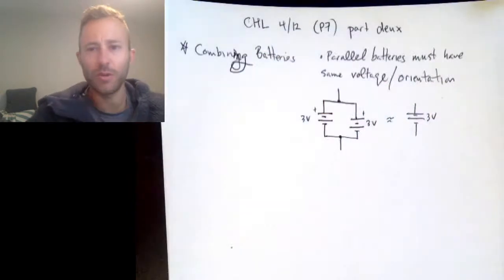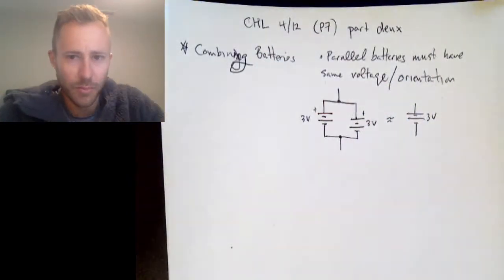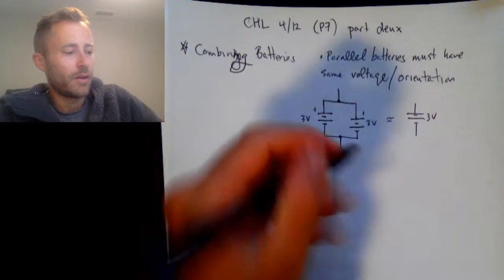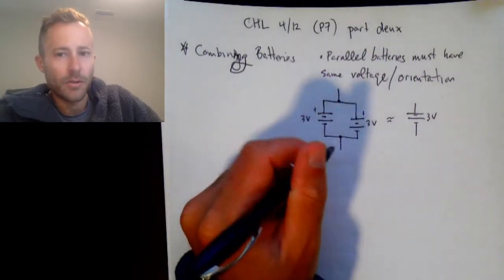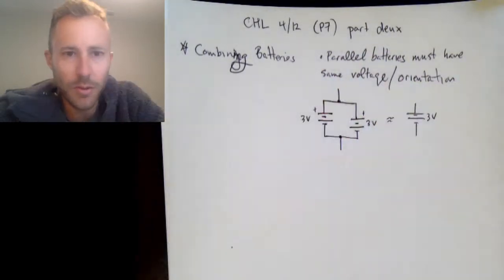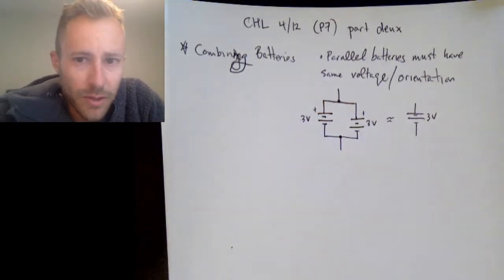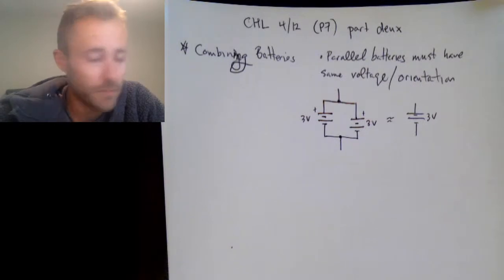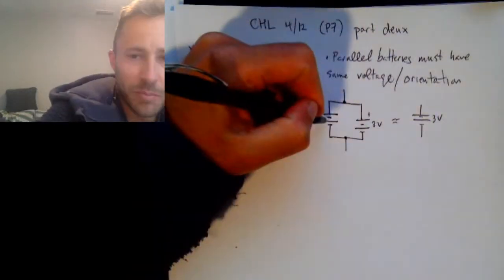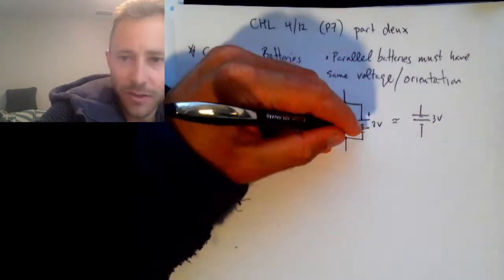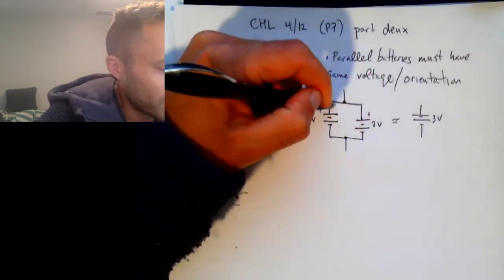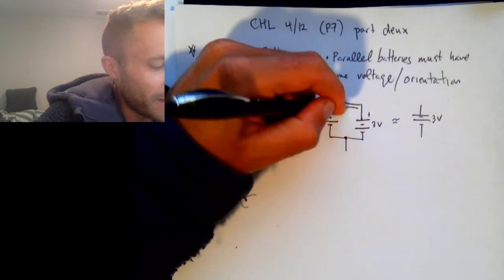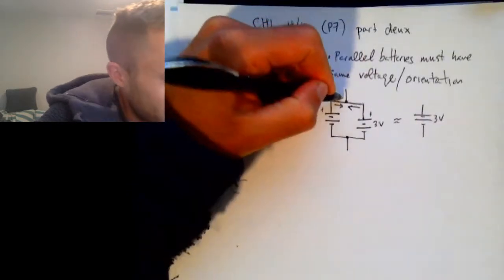So you could ask the question, well, why would you ever put batteries in parallel then? If 2 in parallel is just the same as a single one, well, the reason is that if you have 2 in parallel, you can provide twice as much current, because maybe this battery has a maximum current and that battery has a maximum current, and these 2 currents combine right here at the junction and then make a super current.